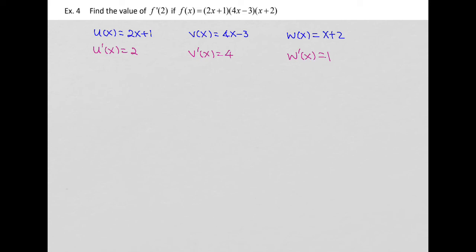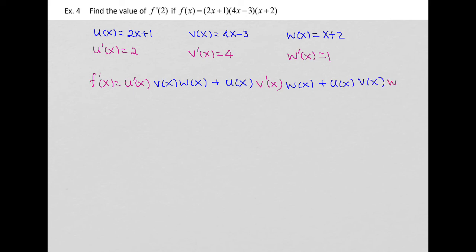That means f prime x will be u prime v(x) w(x), plus u(x) v prime w(x), plus u(x) v(x) w prime(x). Now let's substitute.